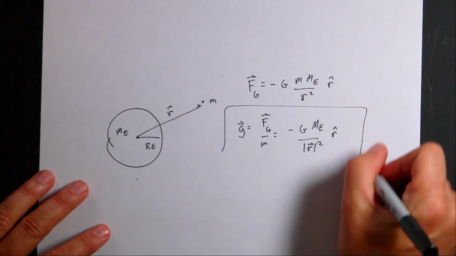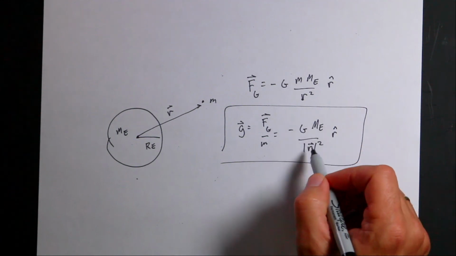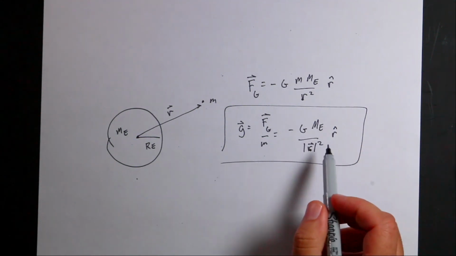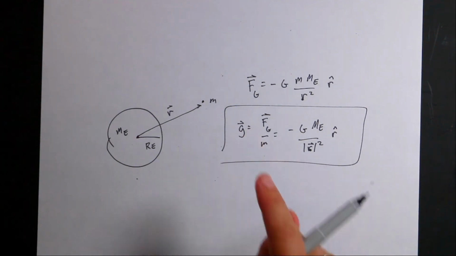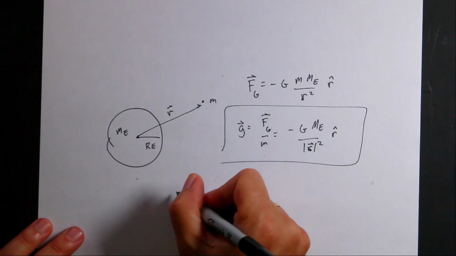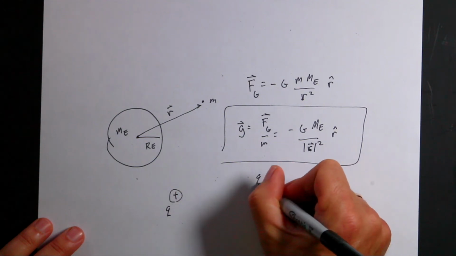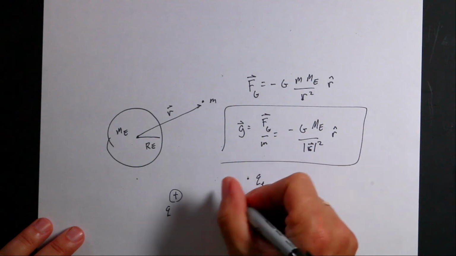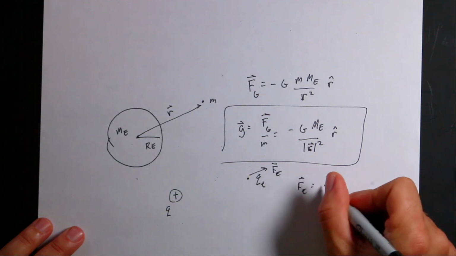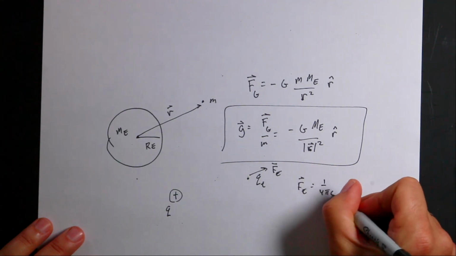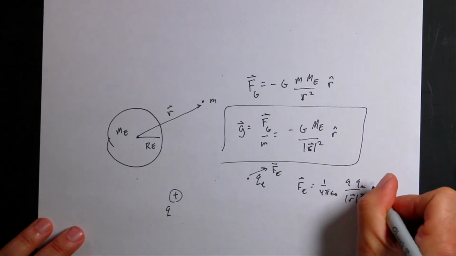The point I want to get to is that g equals F_g over m equals negative G mass of the Earth over r squared r hat. So I can find the gravitational field anywhere due to the Earth using the same symbol. If you put in r as the radius of the Earth, then you get 9.8. You might get a little bit of error, but that's the same way to write the gravitational field. The other nice thing about this is if I look at an electric charge Q and put a little test charge Q_T there, I can calculate the electric force F_e, where F_e is 1 over 4 pi epsilon naught Q Q_T over the magnitude of r squared r hat.